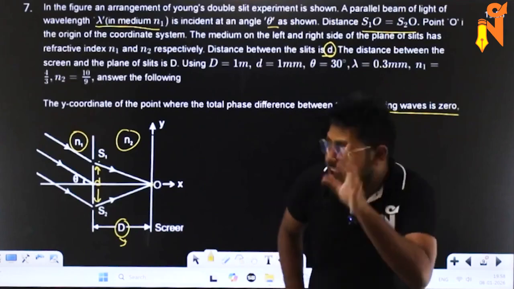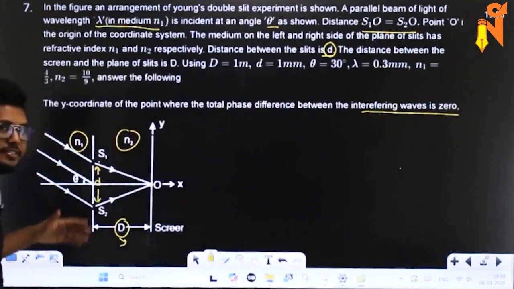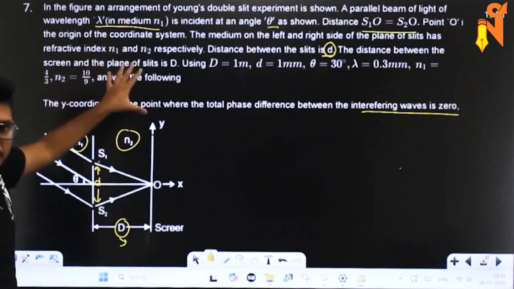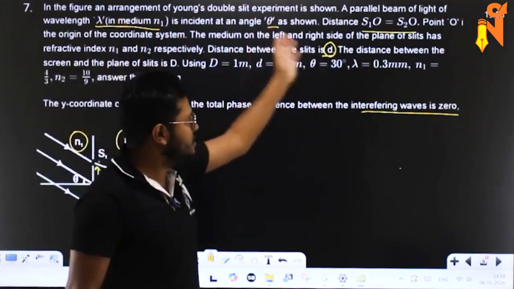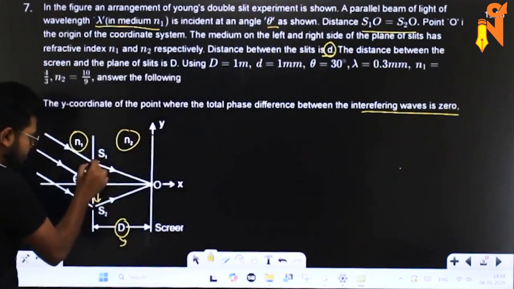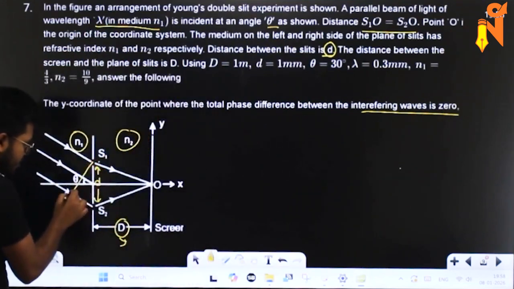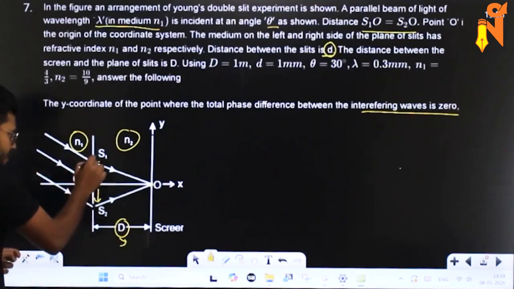Now, look at it very carefully. As you all have done this in the angle of incidence, this is a little tough question. So actually we can do this at the last, but still, since we are going at the same pace, I am describing this question for you. So if I drop a perpendicular here, you see this is the wave front.